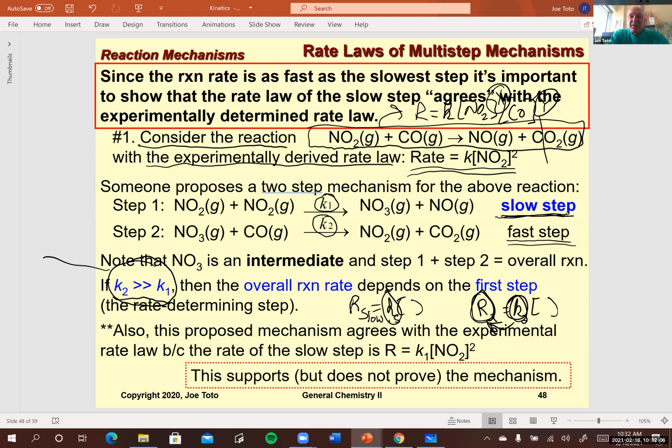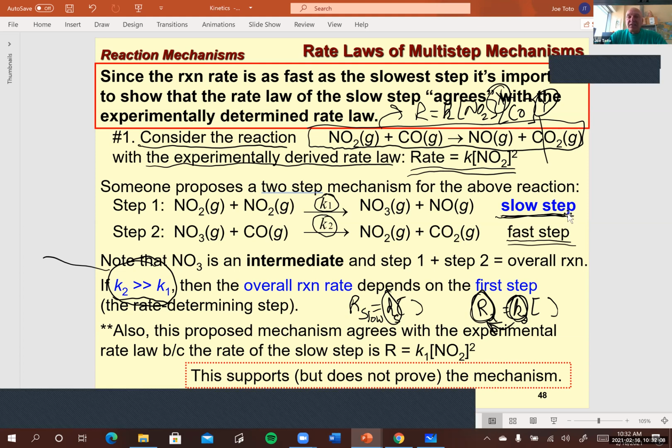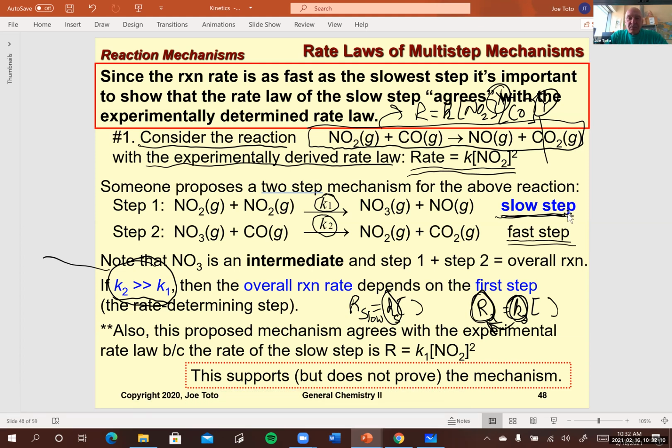So when you see a slow step in a mechanism, that tells you something about the relative rate constant for that step compared to the other steps.